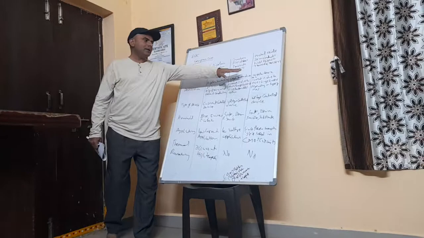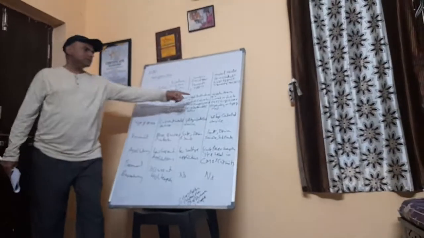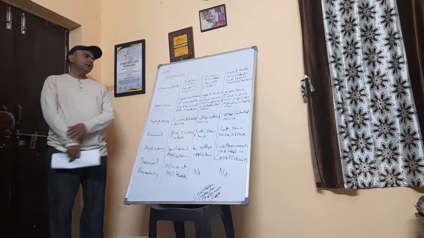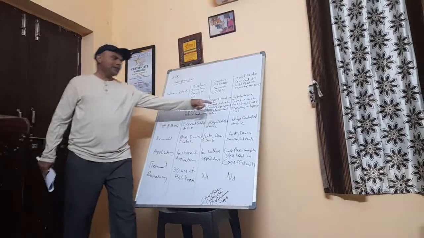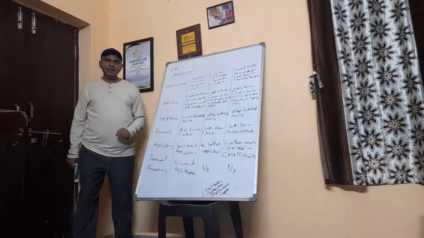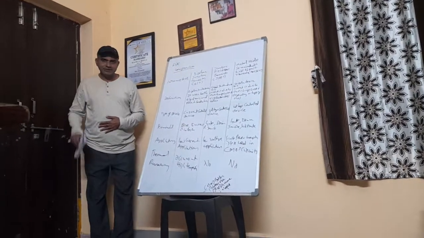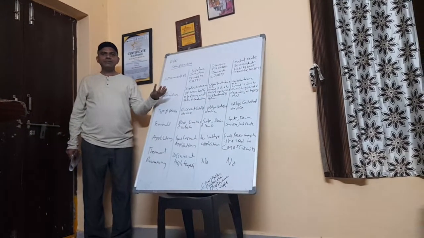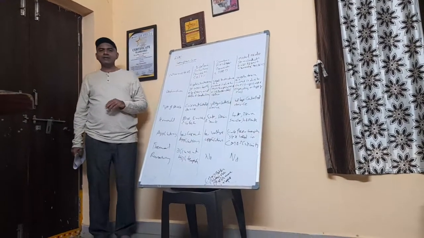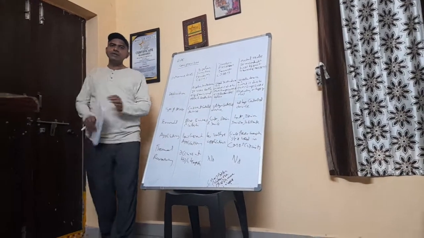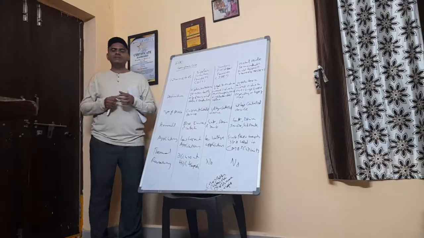Coming to the metal oxide semiconductor device, it is also a unipolar device. The highlight is that current is due to one charge carrier, depending on the type of the metal oxide. The major difference between junction field effect transistor and metal oxide semiconductor transistor is that only one layer is different.